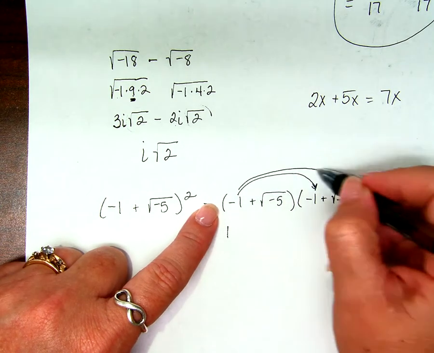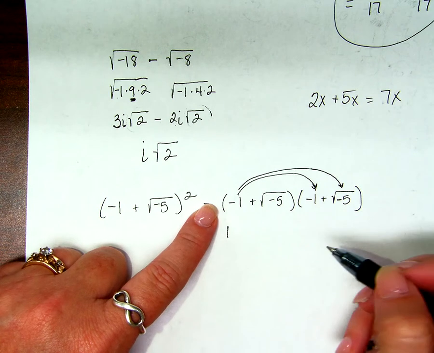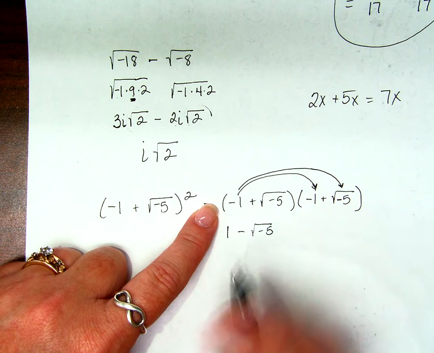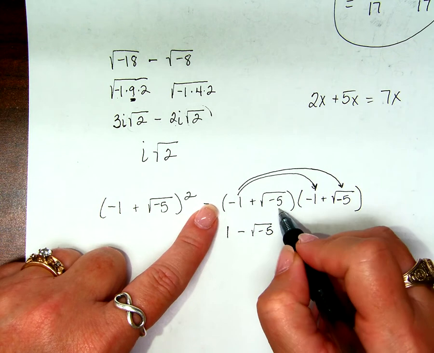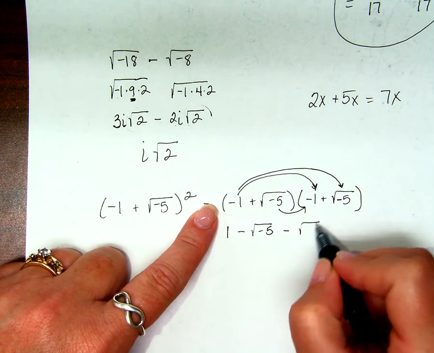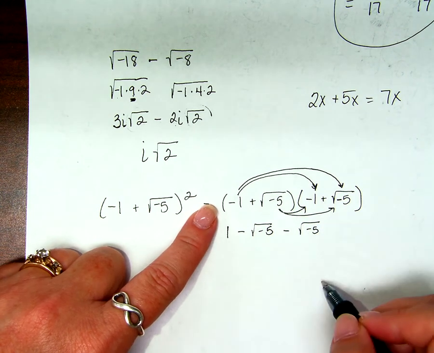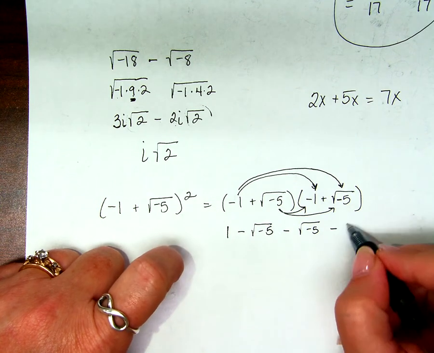Negative 1 times the square root of negative 5 is negative square root of negative 5. What about this? That's another negative square root of negative 5, right? And then what about this? Isn't it just negative 5?